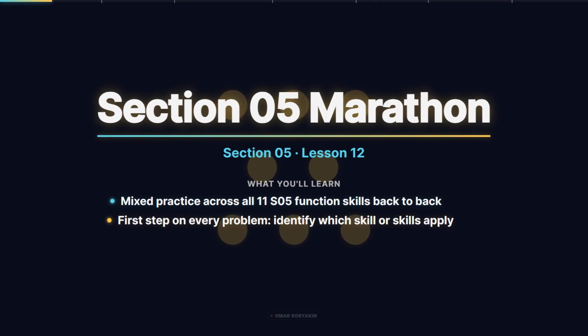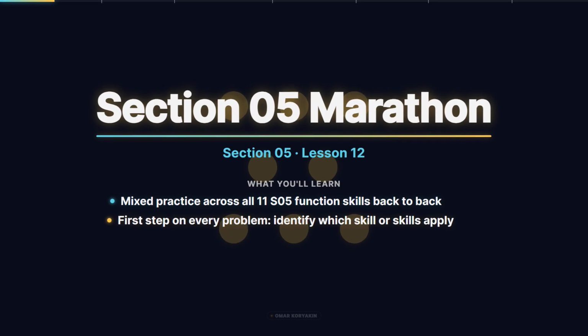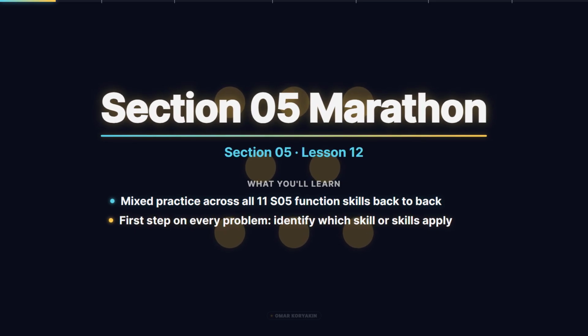The full Section 5 toolkit has 11 skills, and you should be able to name them all from memory before starting the marathon.